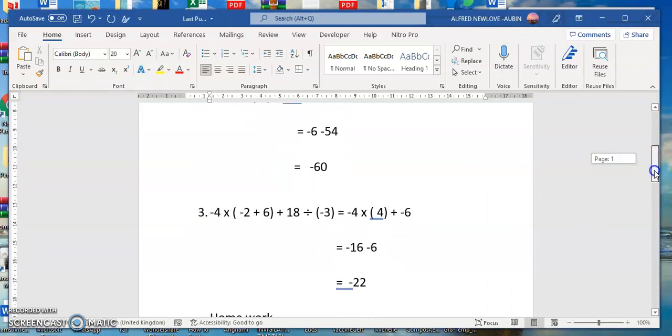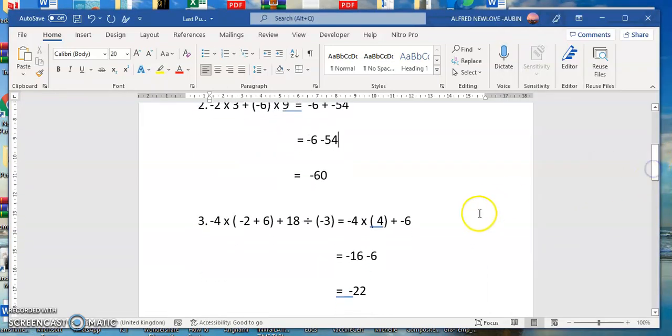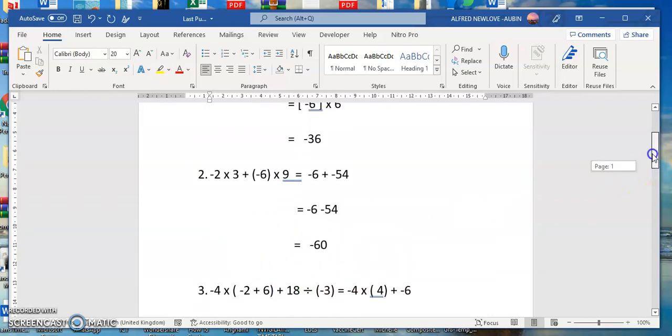Okay. The next one, we are going to have minus 4 times, bracket, minus 2 plus 6, plus 18 divided by minus 3. Let me bring my BODMAS here.